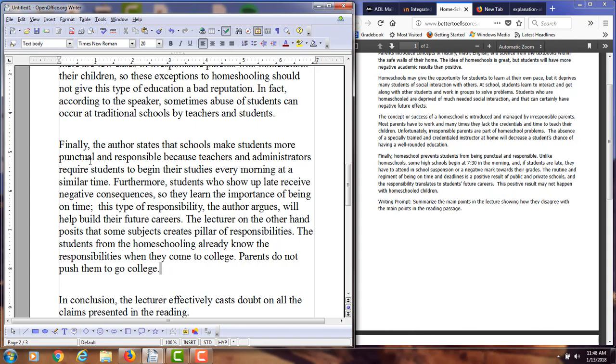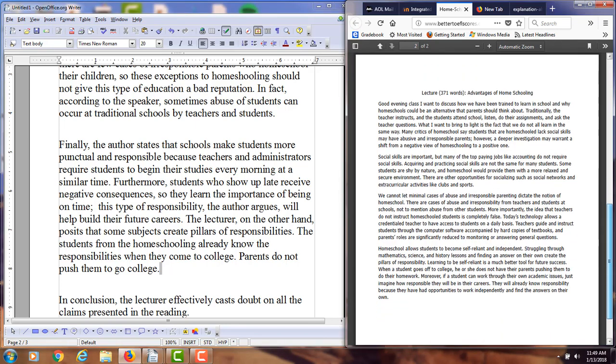Okay, this is okay here, so we got enough now, right? So the lecturer, on the other hand, posits, good vocabulary word, that some subjects create, this is subject-verb agreement, so be careful, your subjects is plural, so create should be plural. We have the lecturer, on the other hand, posits that some subjects create pillars of responsibility.